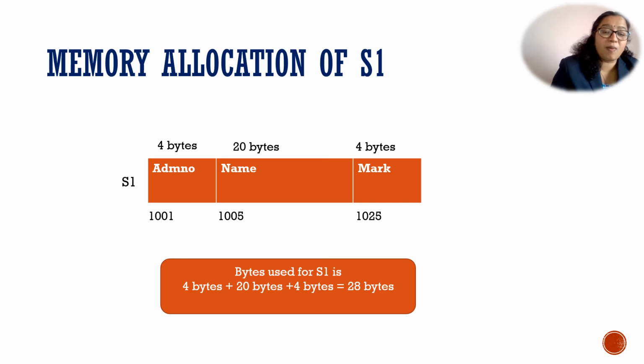Then for mark, 1025 to 1028, 4 bytes for marks. So under S1 this much area will be taken in RAM. So a total of 28 bytes. Understood now? This is the way of memory creation through a structure variable. Okay.